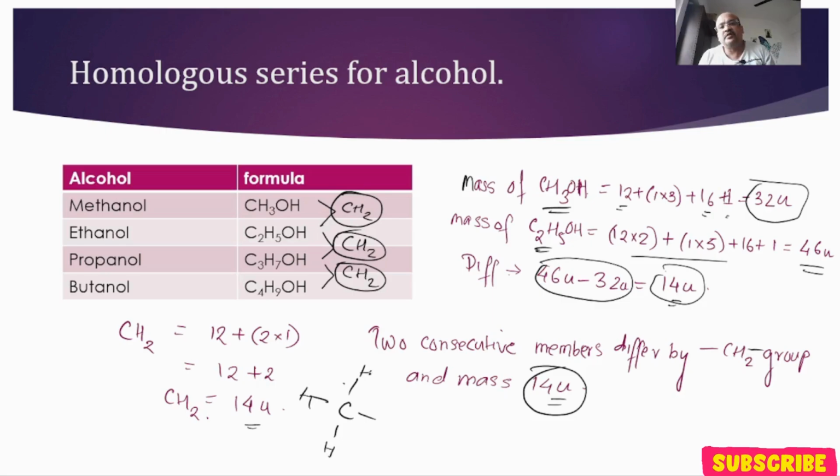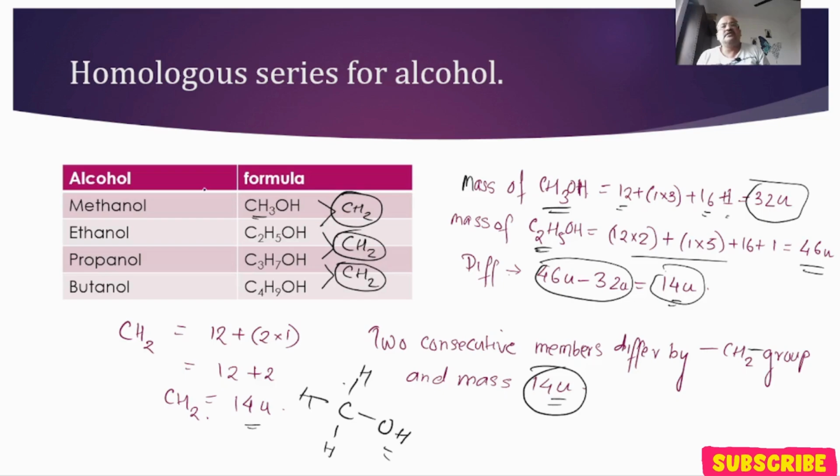So I put hydrogen everywhere, and one hydrogen is replaced by this hydroxyl group. So I got this methanol. Likewise, I have got ethanol. If you see, the difference between ethanol and methanol is a difference of one CH2 unit. Likewise, you'll see the difference between propanol and ethanol. How much will be the difference? That is again a CH2 unit difference.